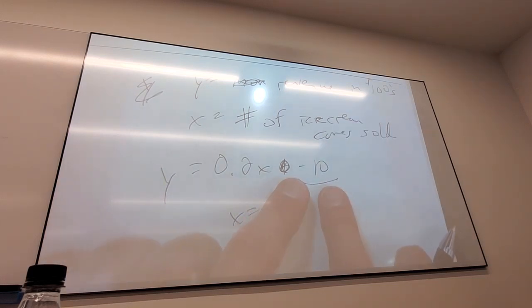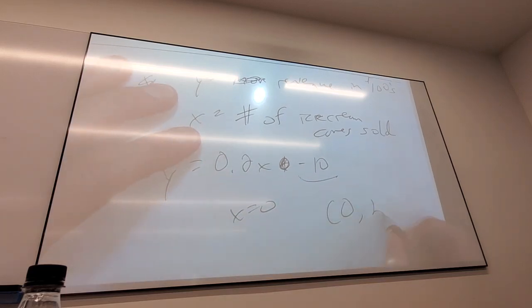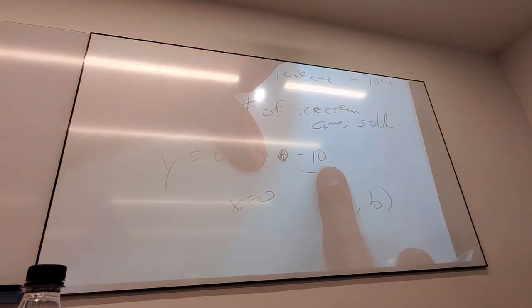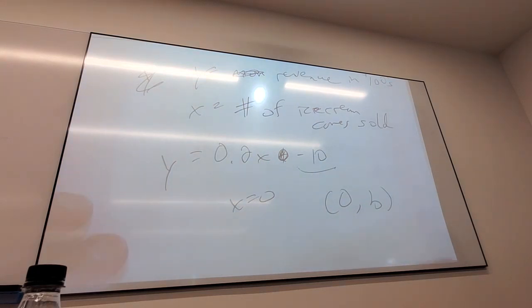So for interpretation of y-intercept, the y-intercept is always b. When I make x 0, I get whatever number's out by itself. So how do you interpret every y-intercept in the universe? When the x variable is 0, when you have none of whatever x means, you get this much for whatever y means.